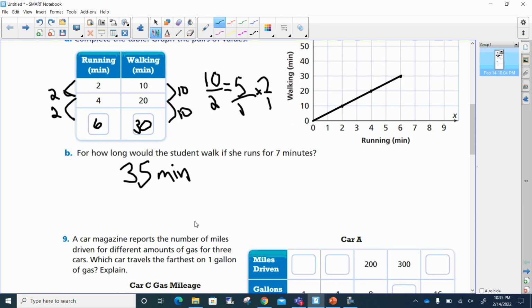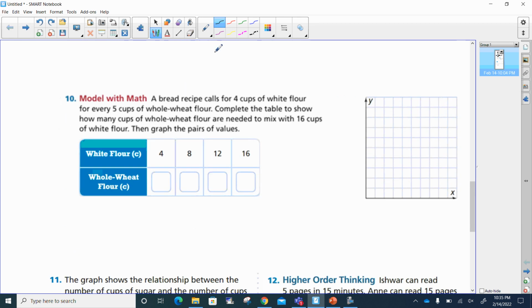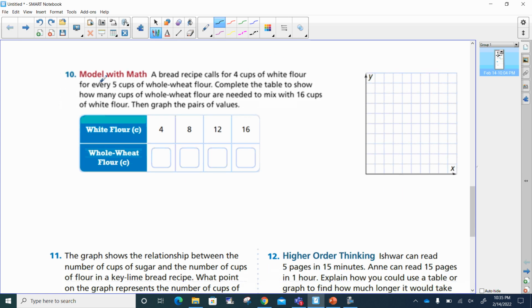All right, that was number 8. I got number 10 now. A bread recipe calls for 4 cups of white flour for every 5 cups of whole wheat flour. So for 4 cups of white flour, I'm going to get 5 cups of whole wheat.